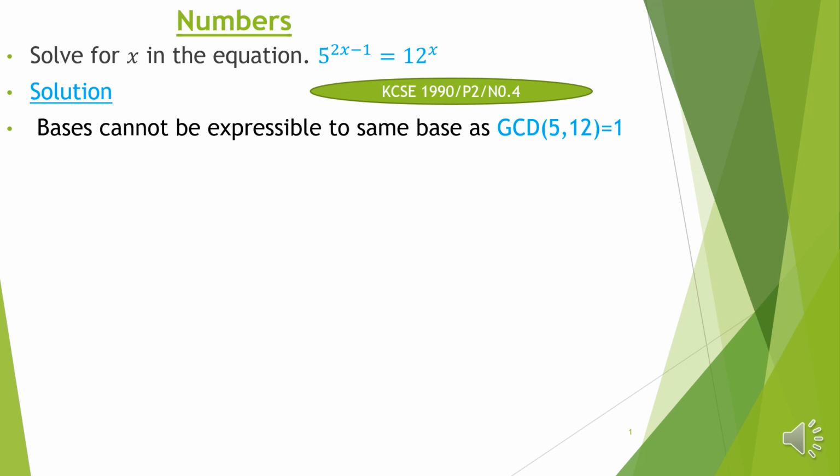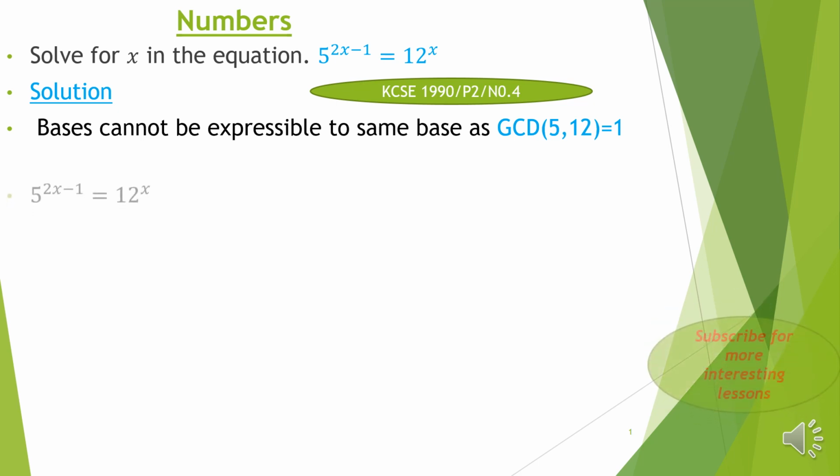If you look at the question, the bases cannot be expressed to the same base, as the GCD of 5 and 12 is 1. So we cannot express 5 and 12 to the same base, and in such a case we opt to look for other ways of solving such questions.